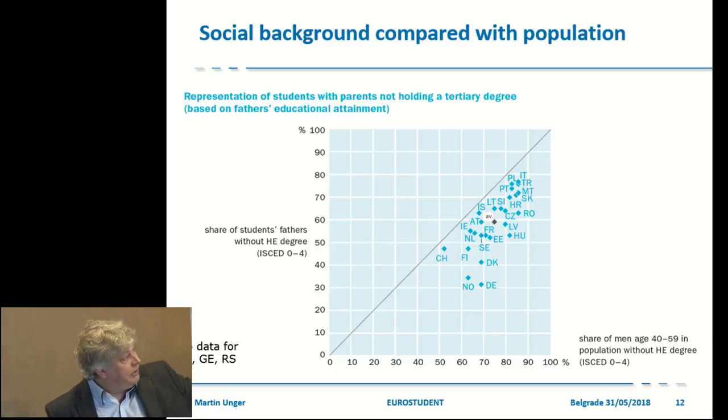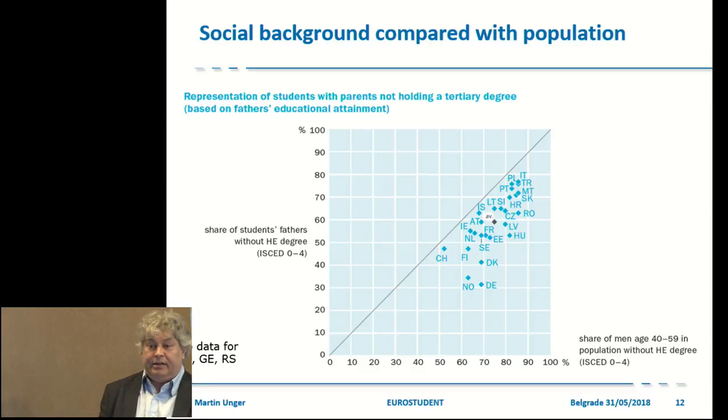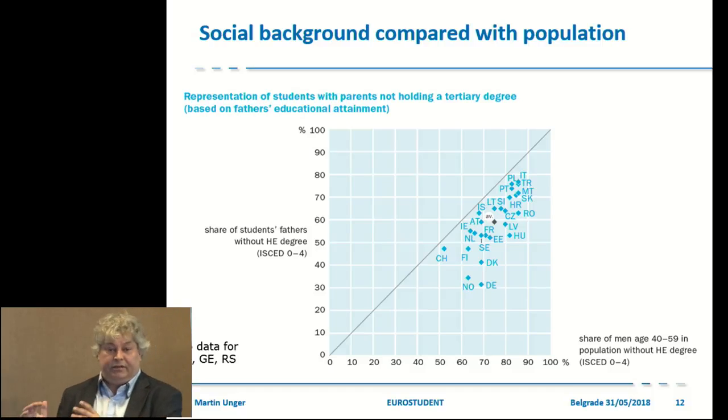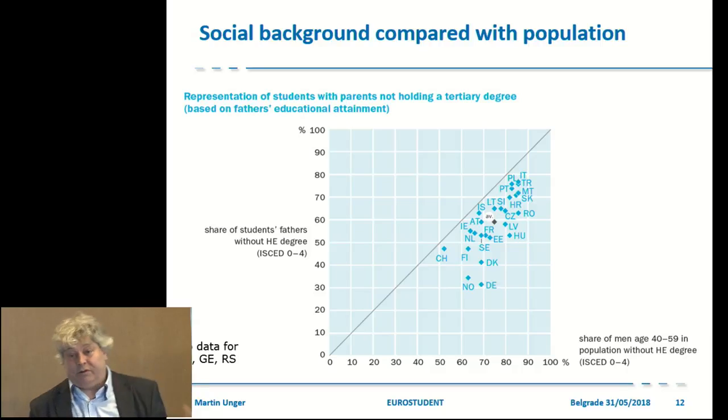And for Austria, which is also not so far away, it is really the high share of these students with delayed access and second chance route. They come from a different social background, and that's the difference between Germany and Austria, for example. That's why Austria is far closer, because Germany only has very few of these second chance route students entering.